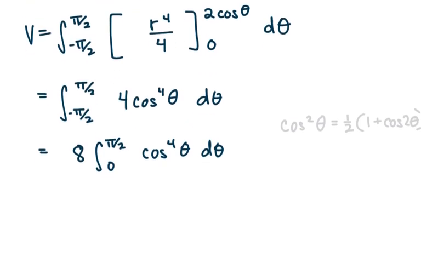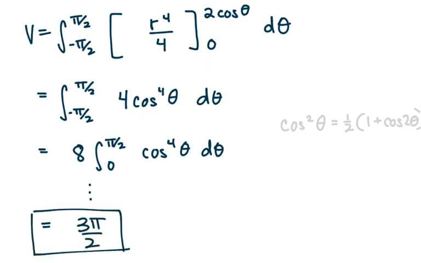And for the sake of not making this video take a really long time, I'm going to do the favorite thing that my grad school professors would do. They'd say, well, and clearly the answer is 3 pi over 2. So some intermediate calculus in there. Now we have our answer, 3 pi over 2. So you guys should be confident finding that integral at this point.